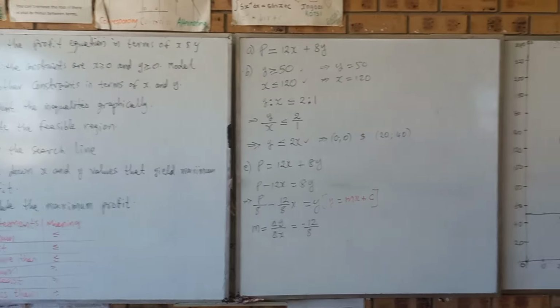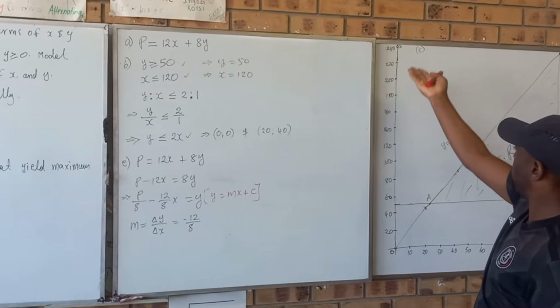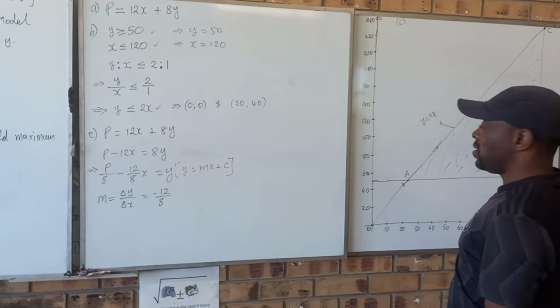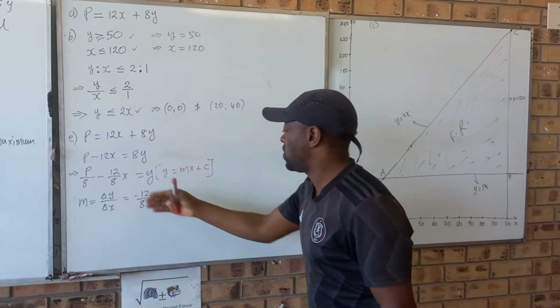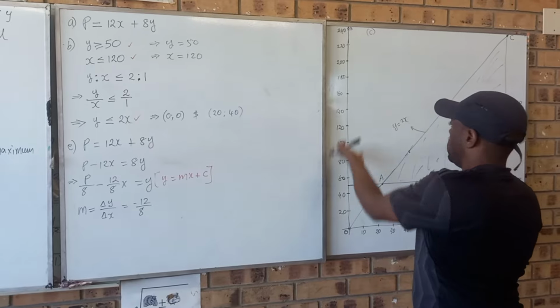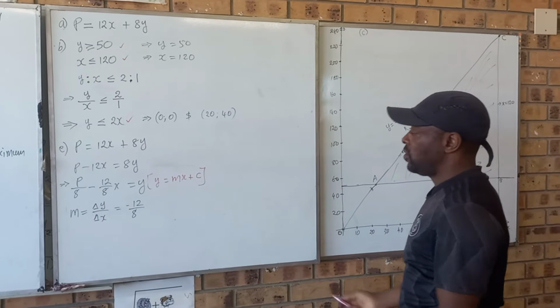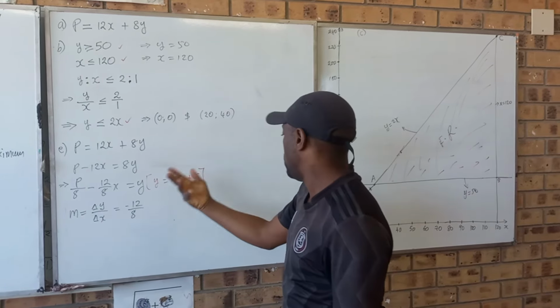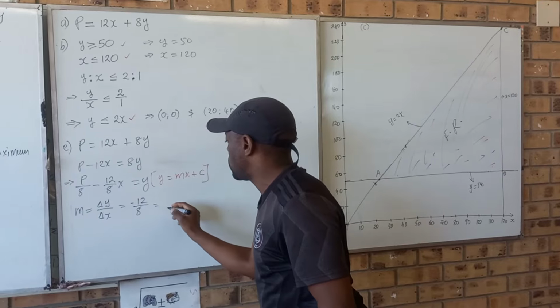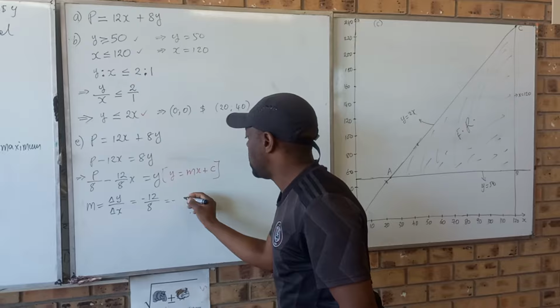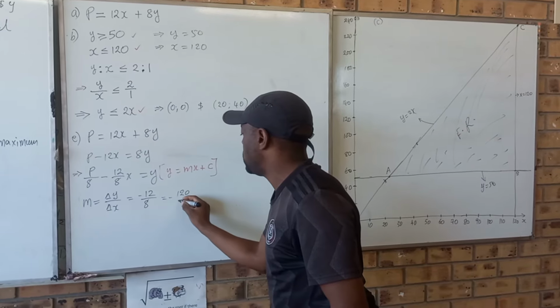If I go to my graph, you see that there's no 12 on the y and no 8 on the x. So you just have to readjust this to get the numbers in your xy plane. To readjust, you either multiply or divide by the same number, numerator and denominator. If I choose to multiply the numerator by 10, this takes me to 120.